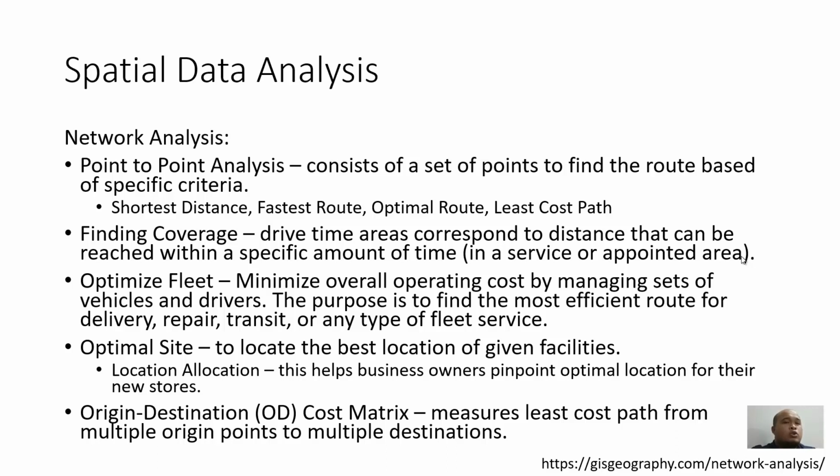Okay, so the fewer the corners, the less the wear and tear of the tire. So you can find the route with less cornering, fewer junctions, with the least cost path. And the least cost path is usually in the form of raster rather than vector.